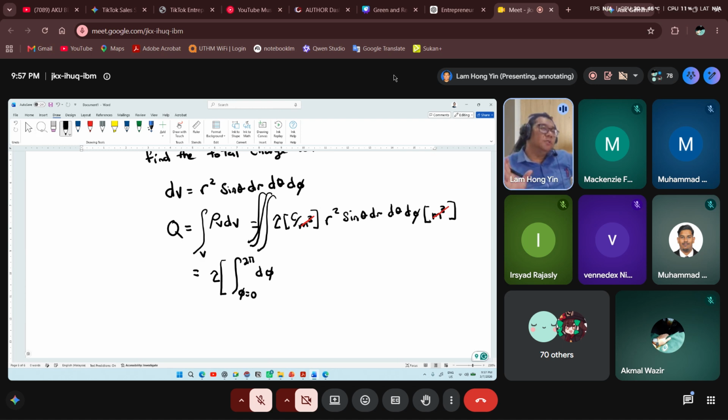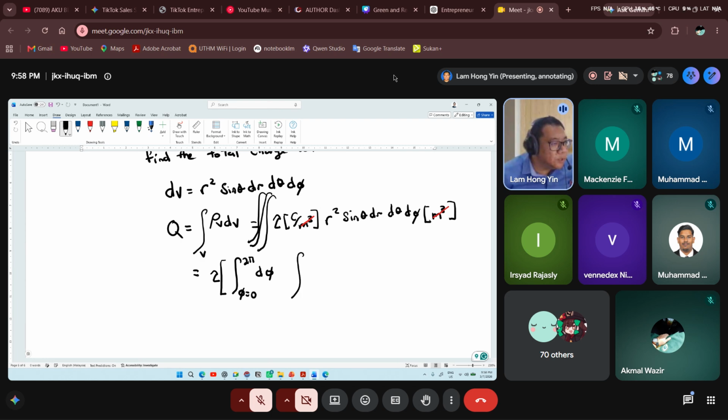If the question does not mention half of the spherical shell, then you use 2 pi. If the question mentions half of the spherical shell, then you integrate from 0 to pi. It depends on the shape of the object.